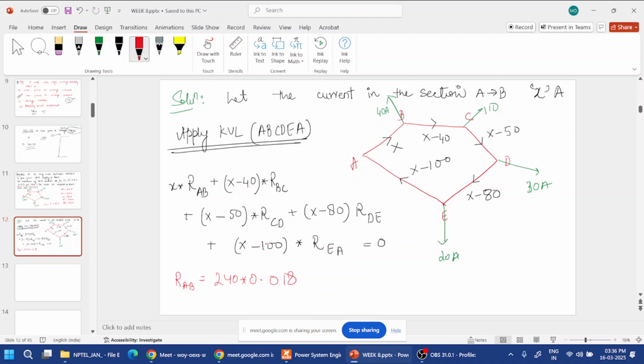I think it is right. Okay, no problem, it's just a calculation issue, nothing more than that. So how much will it be? Give me the answer in the chat box. It will be 4.32, I think.